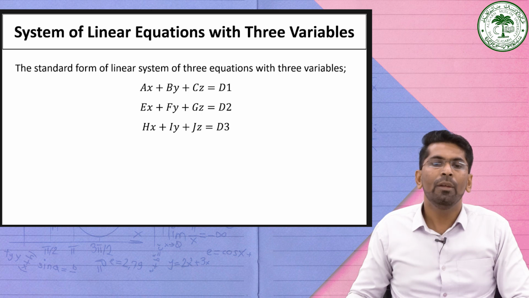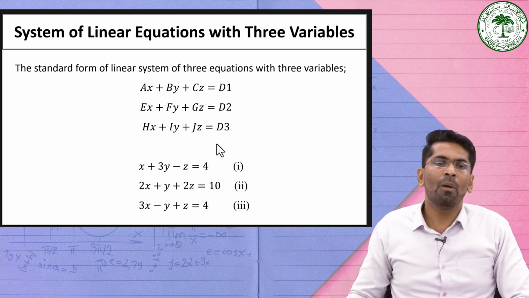Here a, b, c, e, f, g, h, i, j are the coefficients of the variables x, y, z. We have three variables here, x, y, z. d1, d2, d3 are the constants.